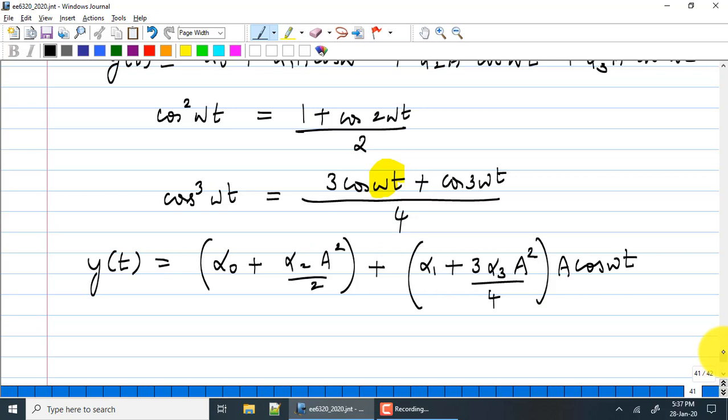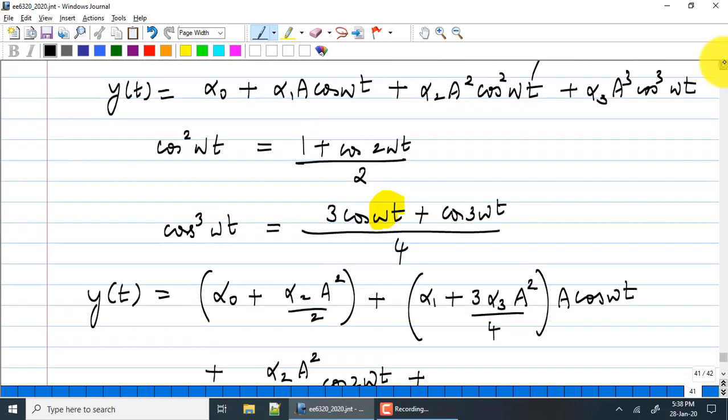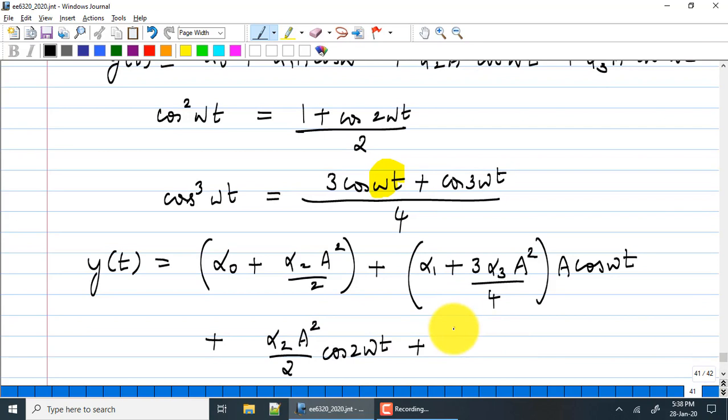Have I missed something? Is this okay? Plus cos 2 omega t plus 3 alpha 3 by 4.